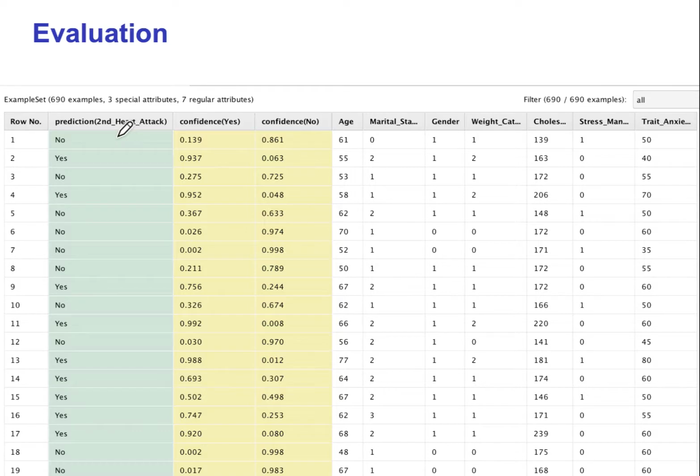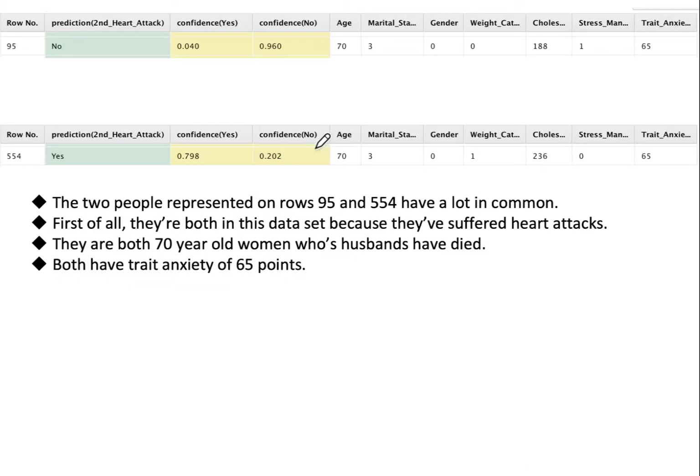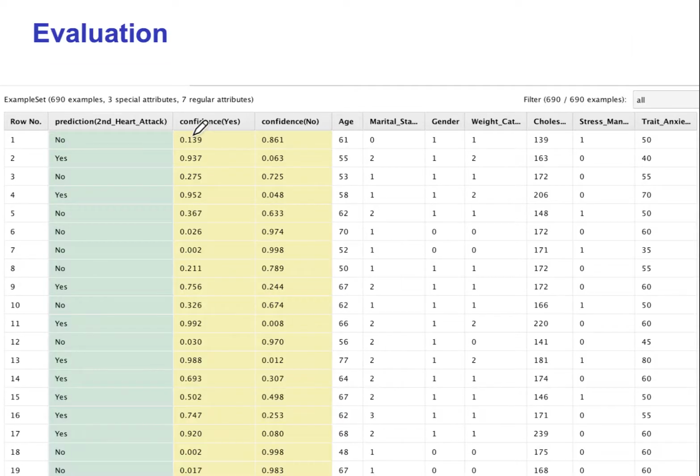The logistic model told us this person is not going to have a second heart attack. Okay, and how confident, which is really important here. Now the model not only tells you the value, it tells you how much confidence the model has in each observation, on each patient in our case.